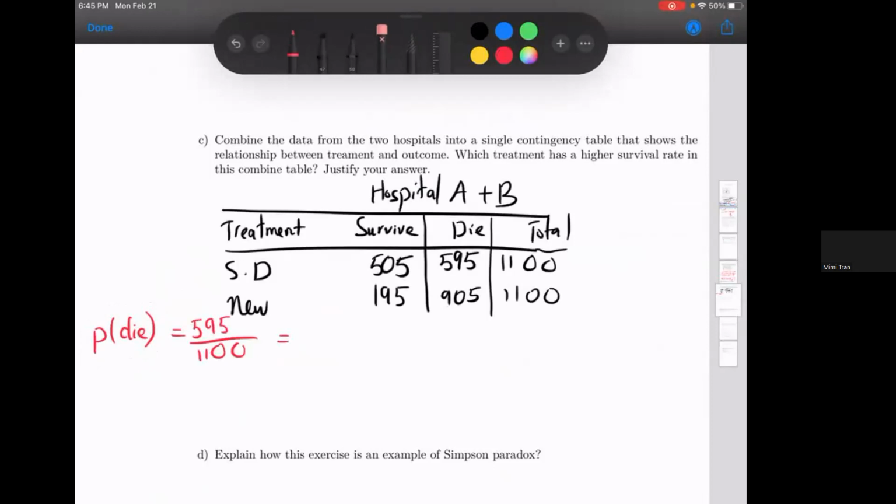Oh, sorry. Yeah, P of die given, I should have said more. P of die given standard. 595 divided by 1,100. I got 54%.